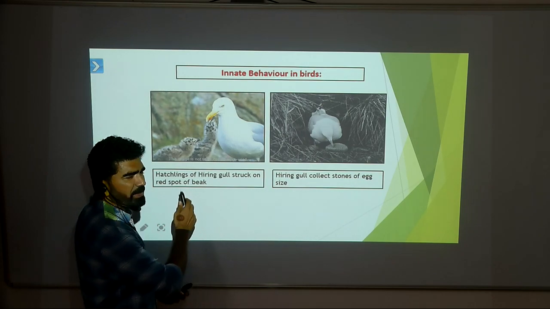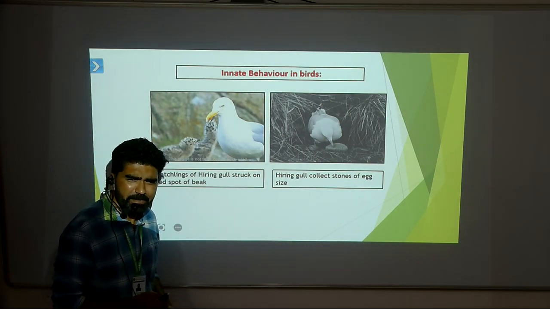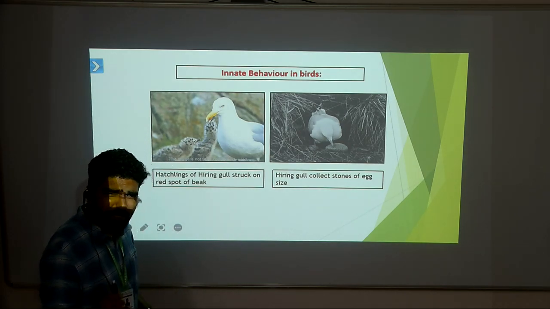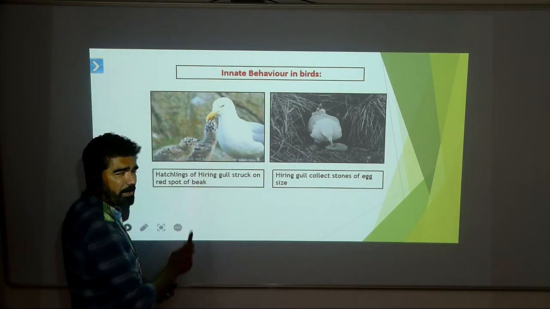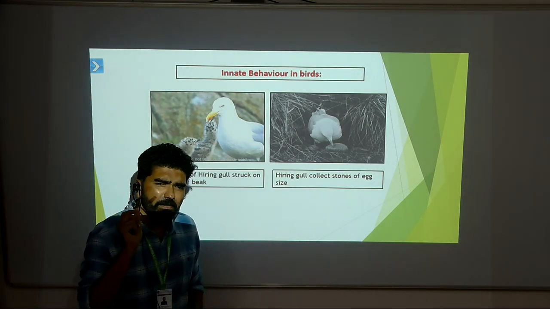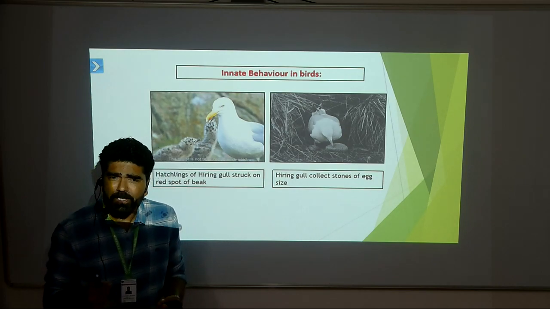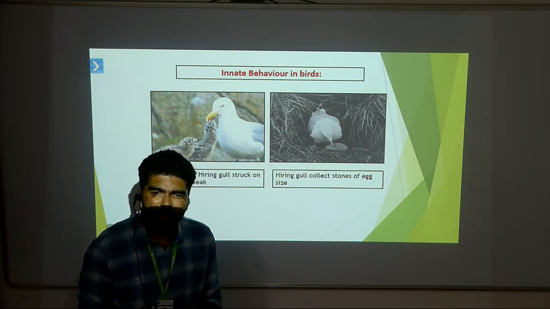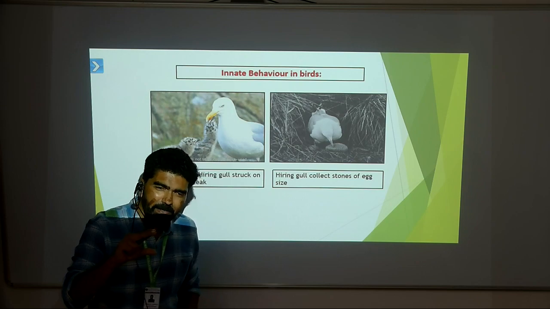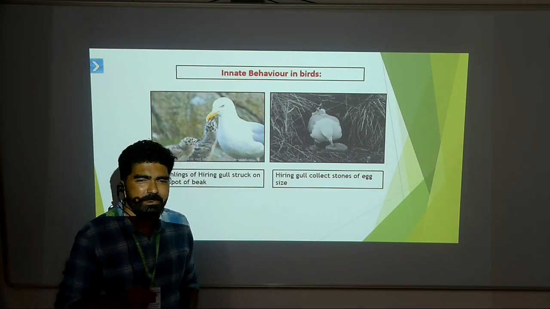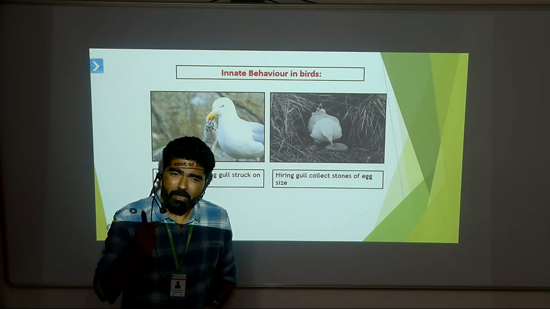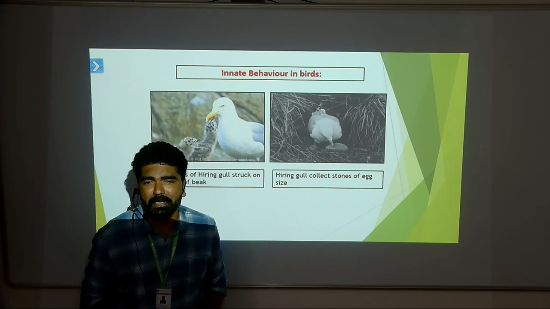When they hatch, they strike only at the red spot present on the beak of the mother. They strike only on that particular red dot. So how do they know? They know that when they strike that red dot, the beak opens and the food inside the mother herring's mouth comes out. So they know by birth. This is innate behavior.